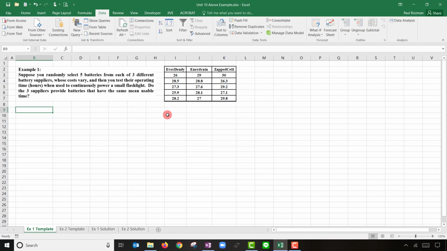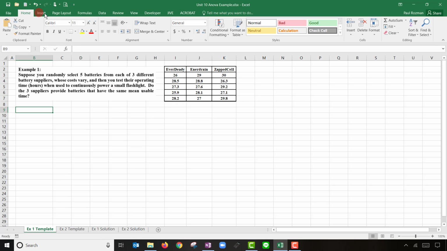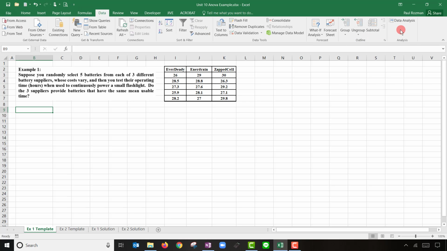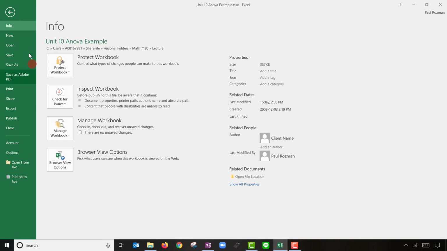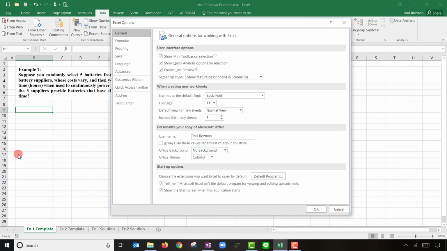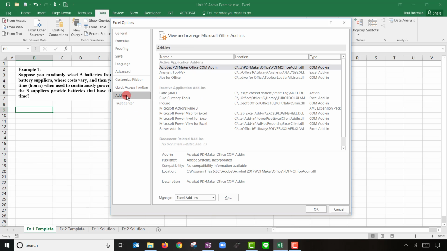Remember, to do this, you have your various tabs. Under the data tab, you may already have data analysis because you've added the data analysis tool pack in from before. In case you've lost that, you're on a new computer, I'll show you how to add that back in again. You go under File, then Options, and then Add-ins.